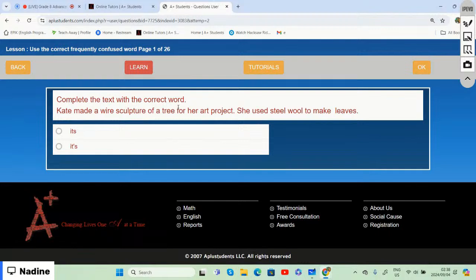We need to choose the correct option. So, do we say option one, it's, or option two, its?